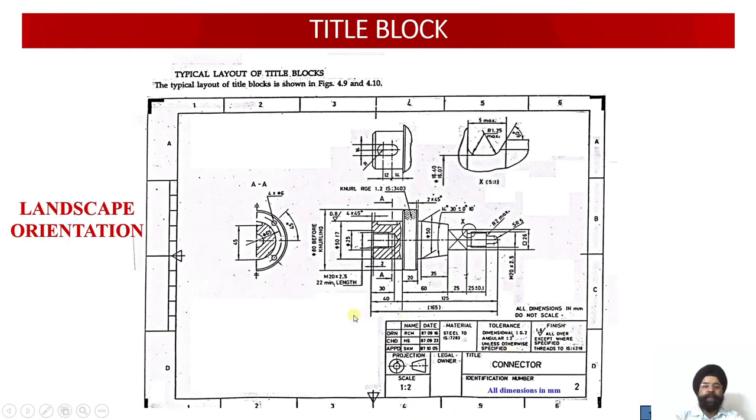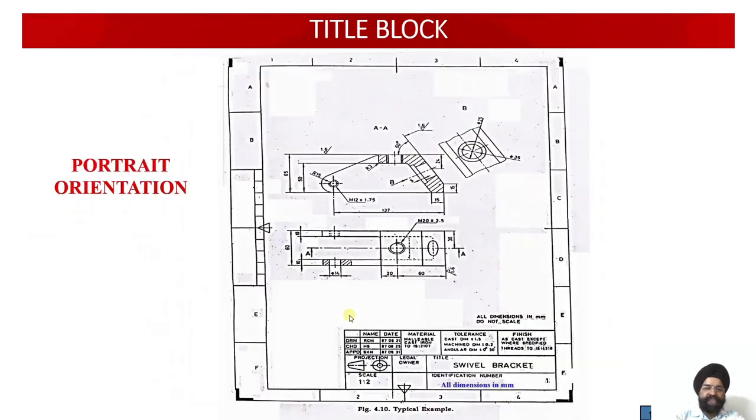So this is my sheet in the landscape orientation. Now this is another one in my portrait orientation. So orientations might change, but the location of my title block will always be the right hand bottom corner.